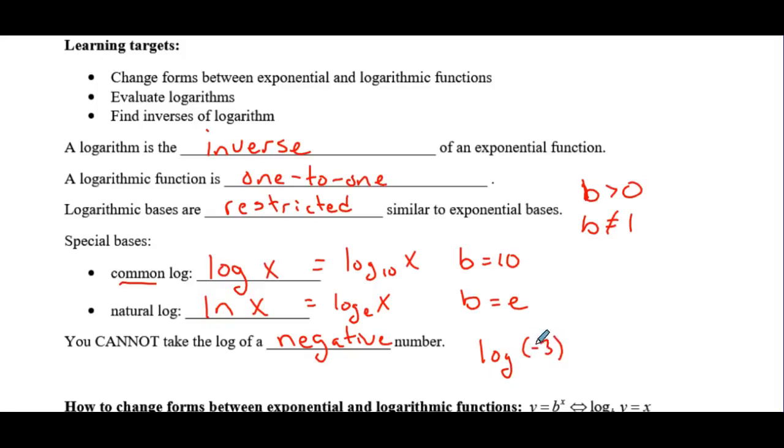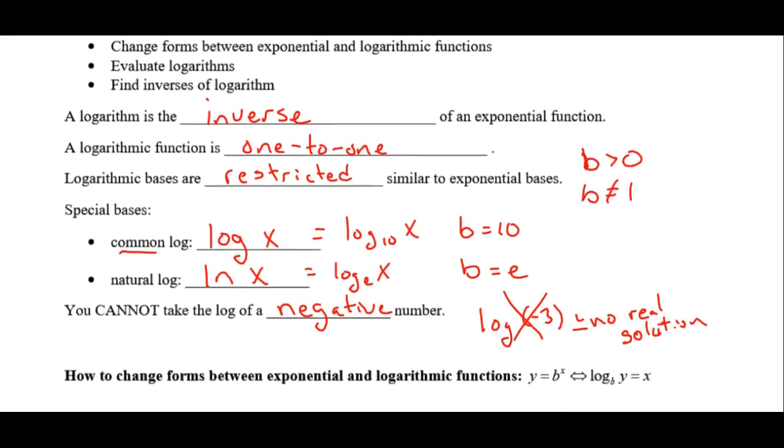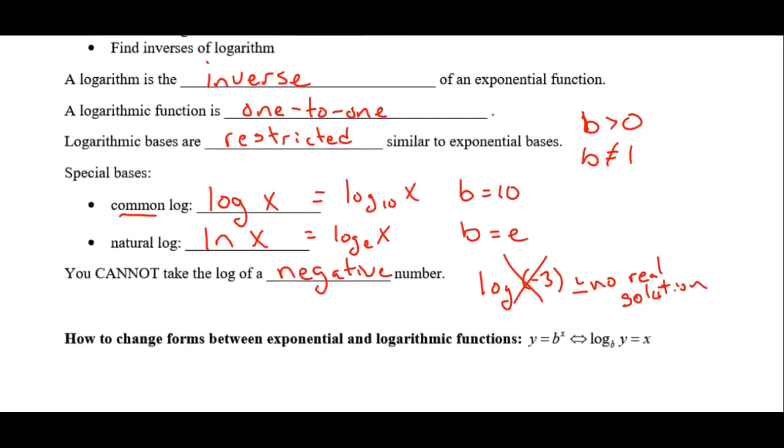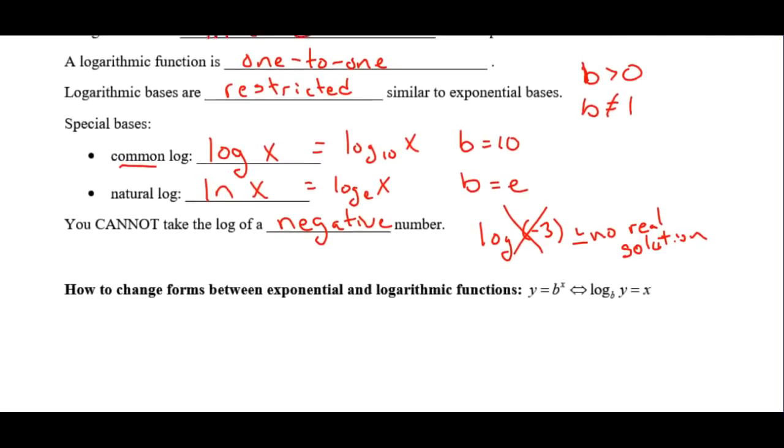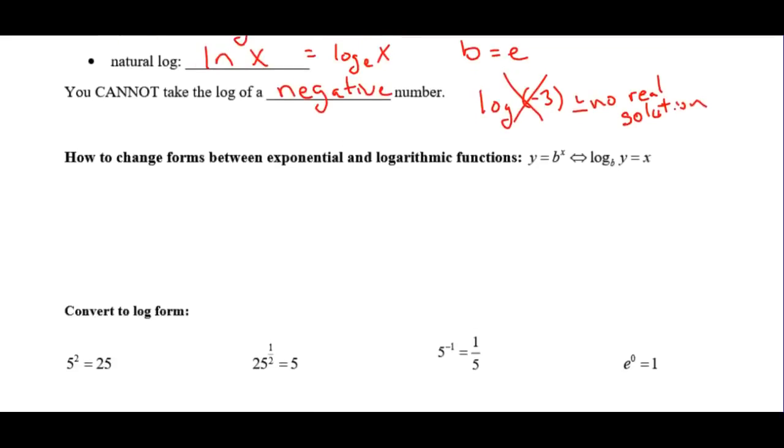If you're taking the log of -3 in the end, that is going to be no real solution. So we can't do that. Those are our properties and the things that you're going to keep in mind as we go through changing forms and evaluating and eventually finding the inverses.